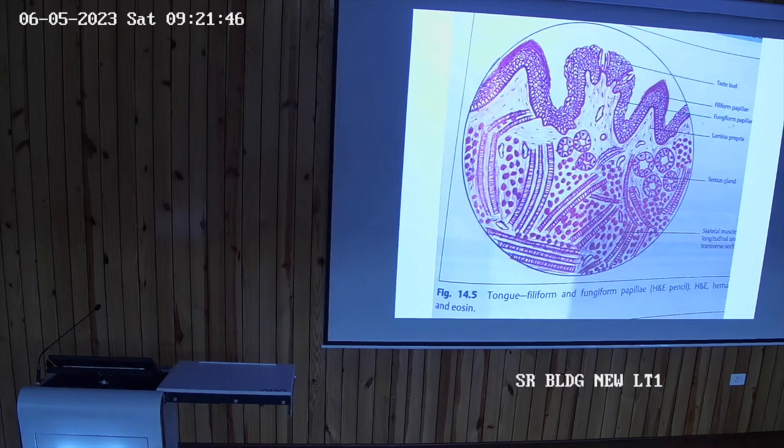And between these filiform papillae, you are seeing this type of papillae. This papillae is comparatively wider than the filiform papillae, and its surface is also wider. Or you can say that this is mushroom shaped. And this type of papillae is called the fungiform papillae. F-U-N-G-I, fungiform papillae.